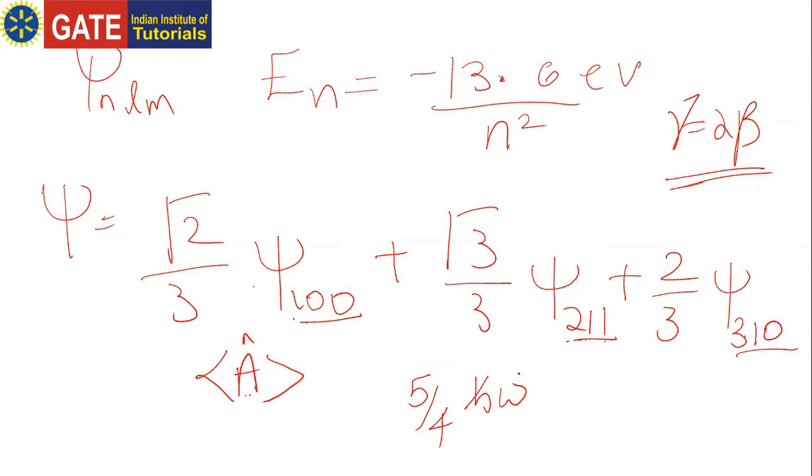Anytime you can solve the homework question, but you should understand how to solve the problem. For the commutator relation question, gamma equal to 2 beta is the answer, the relation between gamma and beta.